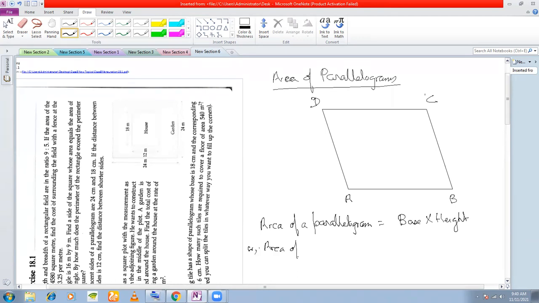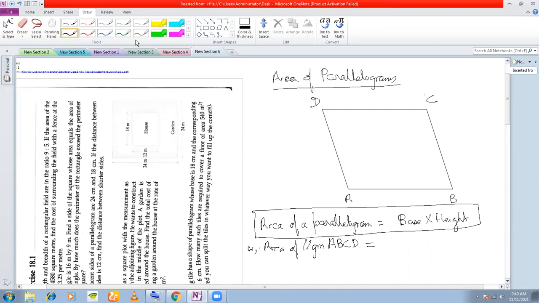In short, this is the way we write parallelogram. You need to remember this formula. But the question is, how does it work? Which one is the base? Which one is the height? This is just like your triangles again.